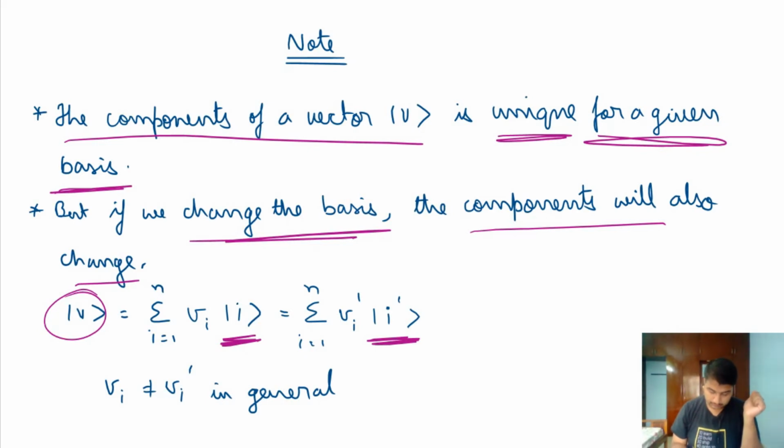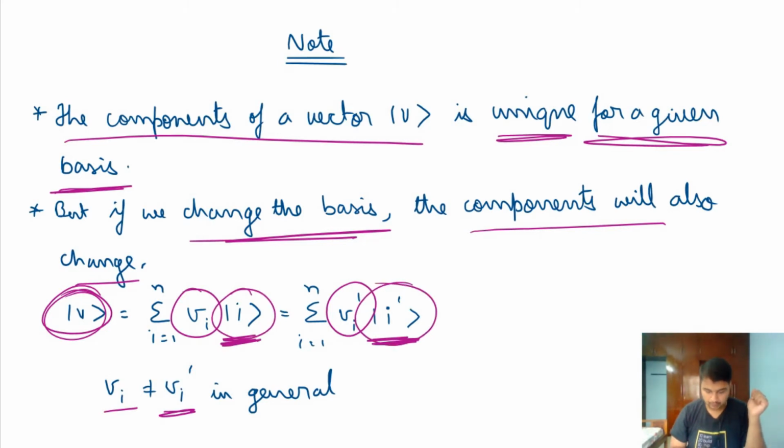Both give the same vector v, but the coefficients of expansion, or components, are different. So vi is not equal to vi dash if the bases are not the same. That is a very important thing to note here.